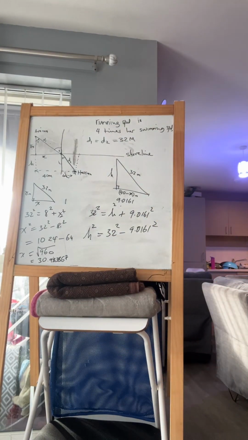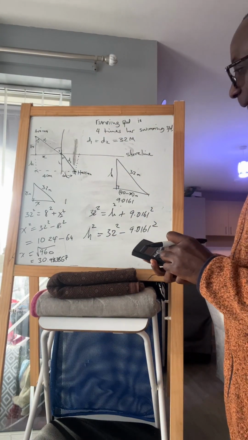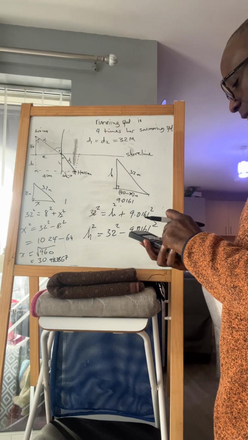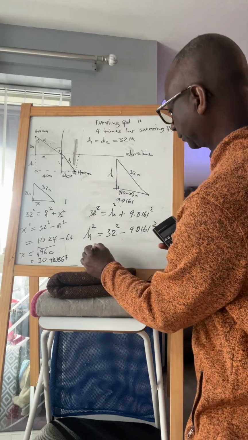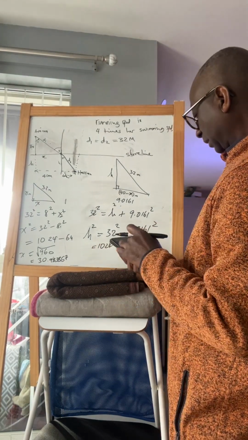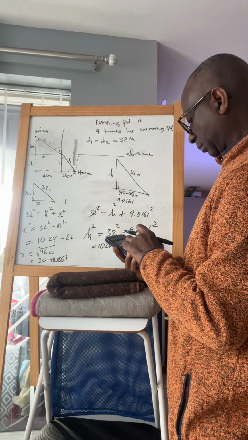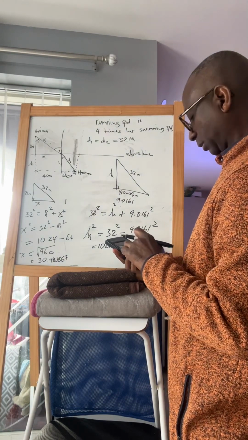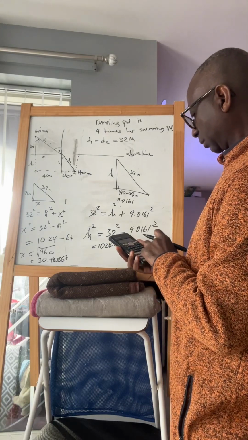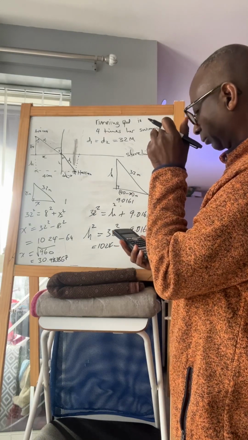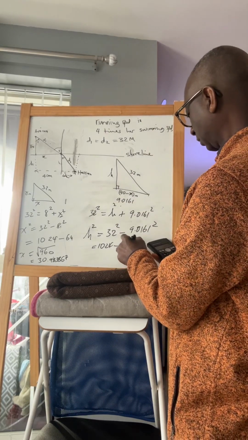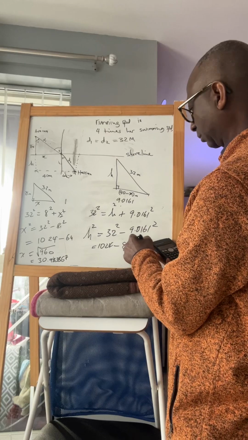So what is 32 squared? 32 squared again is 1024, minus 9.0161 squared, which is 81.29.